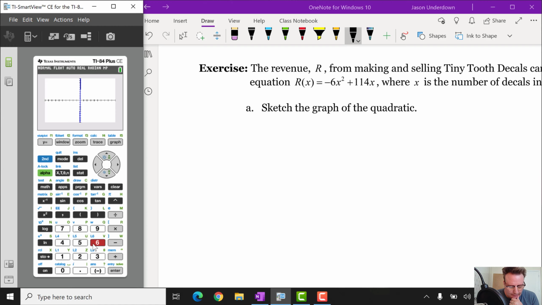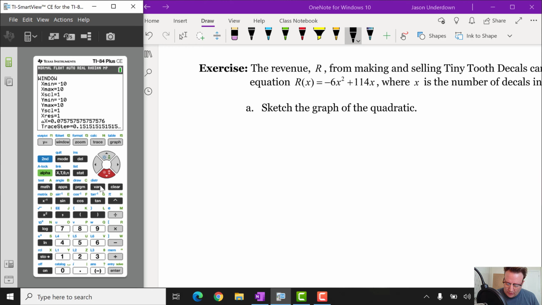Okay, it looks like we're going to need to change the y-axis scaling a great deal. So let's go ahead and do that. So we go to Window, and we'll change y min.